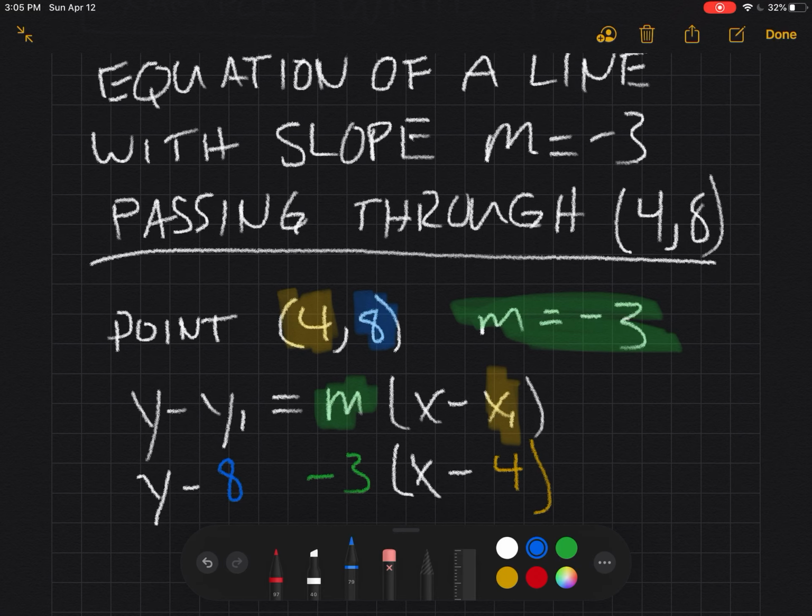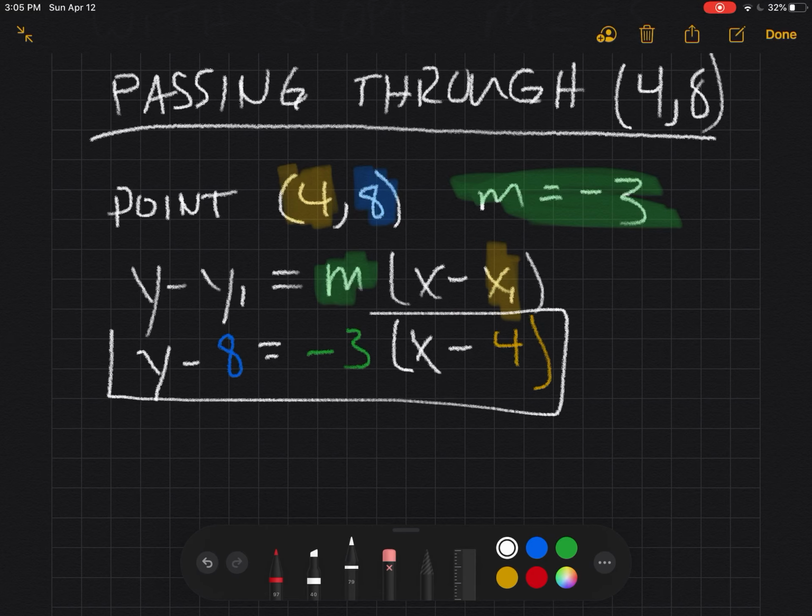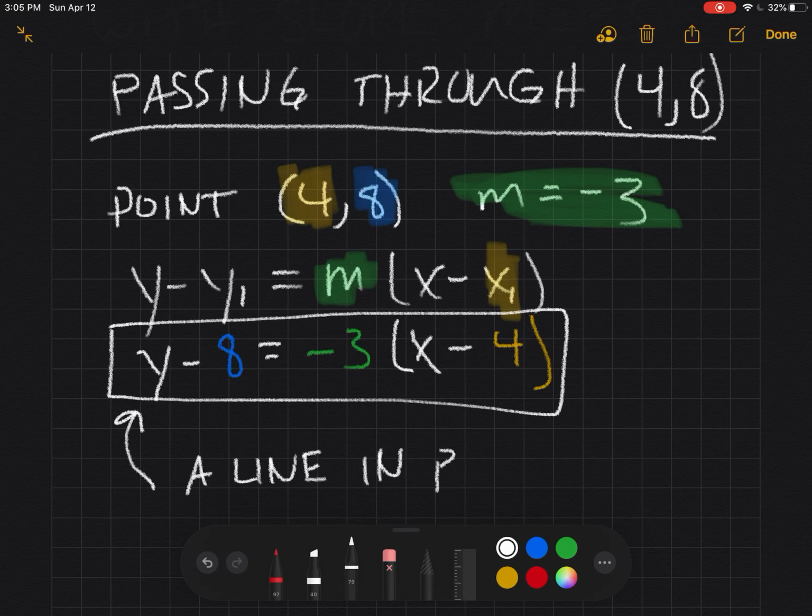Eight is our y coordinate. So you guessed it, for the y1, we're going to substitute in the 8. And that would actually be your final answer for this point.